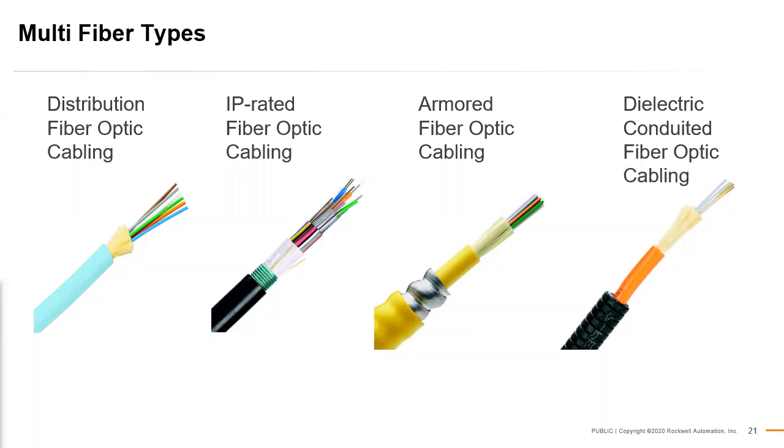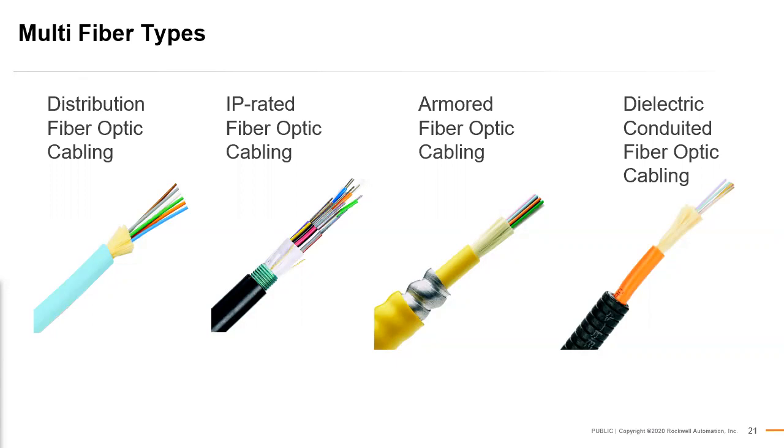The yellow color coding for the armored fiber optic cable tells me it's single mode. That is kind of a traditional standard. And the orange color, the one in the conduit, tells me it's either OM1 62.5 micron fiber or OM2 50 micron fiber, which was an old military spec.